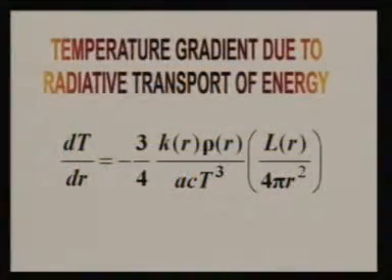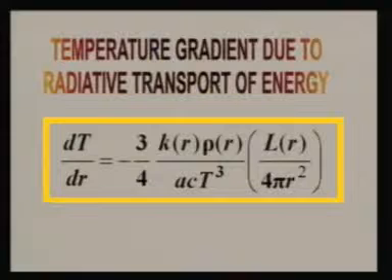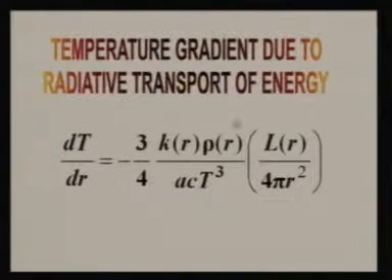Now, we have said that the energy is transported from the core to the surface. If the energy is to be transported, obviously we need a temperature gradient. And if the energy is being transmitted by radiation, then we have what is known as the radiative temperature gradient, and it is given by this formula. Let me explain the symbols. These are some new symbols here.